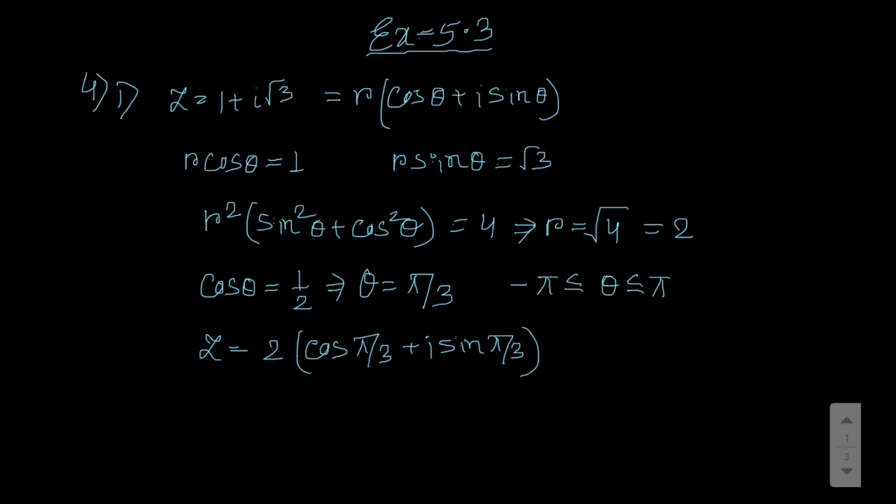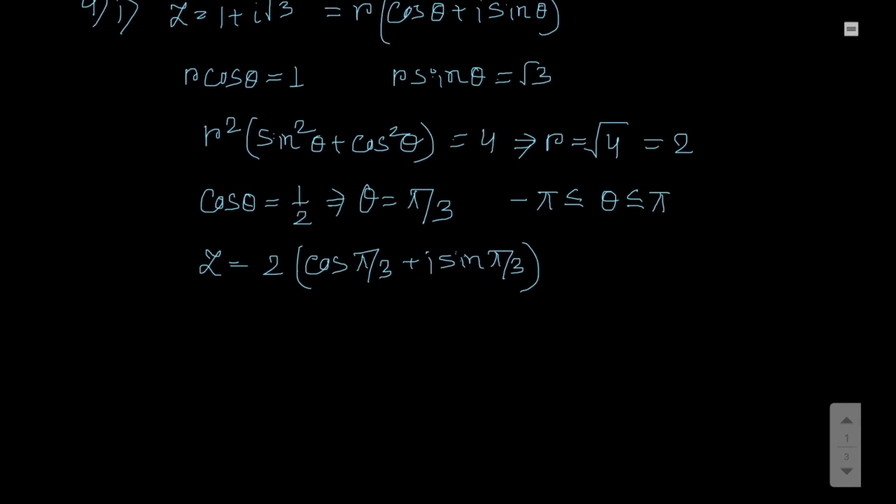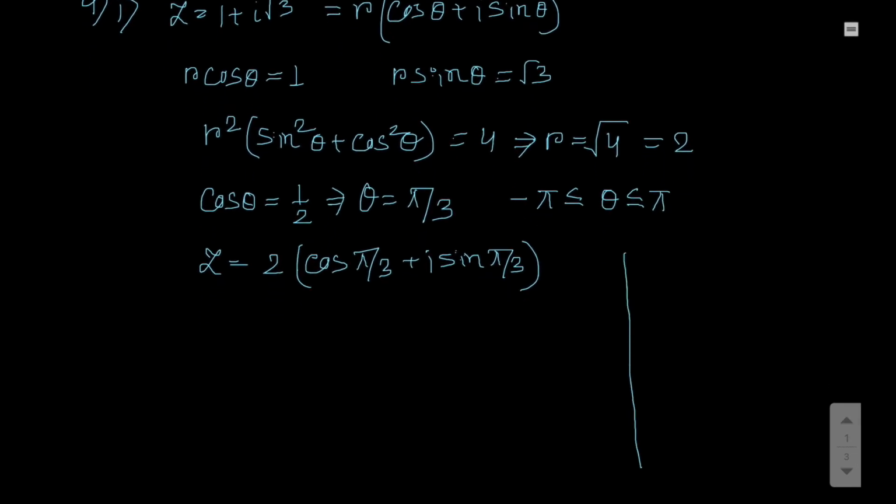Now you have to represent them in the Argand plane. As here r equal to 2, if you draw here, this one is the y axis and this one x axis, so mark it x dash x, this one y and y dash.